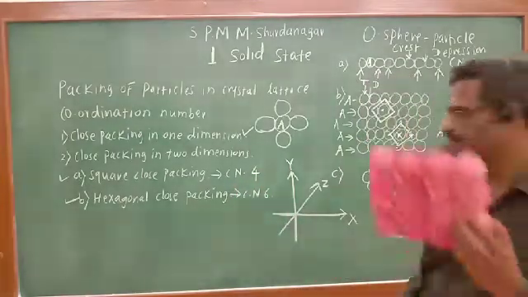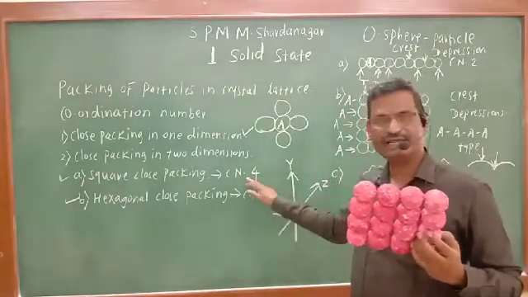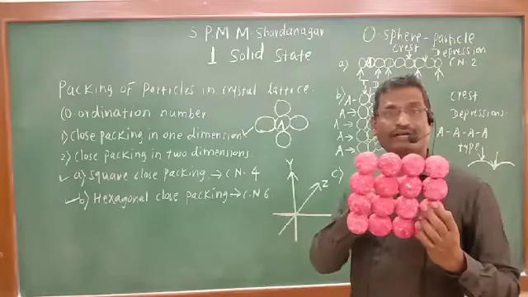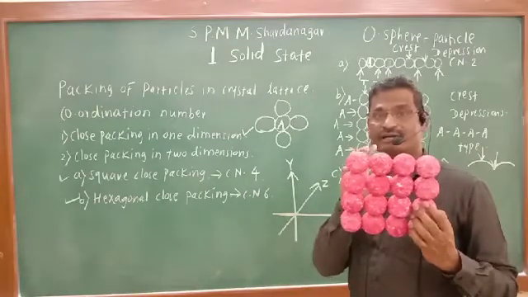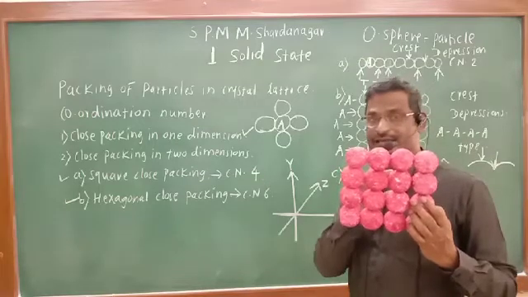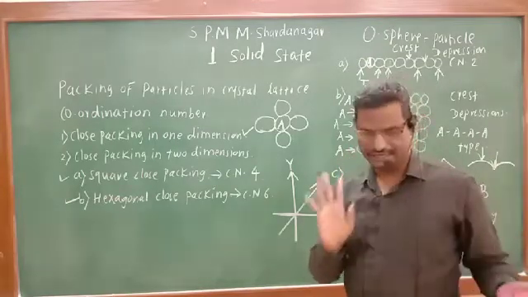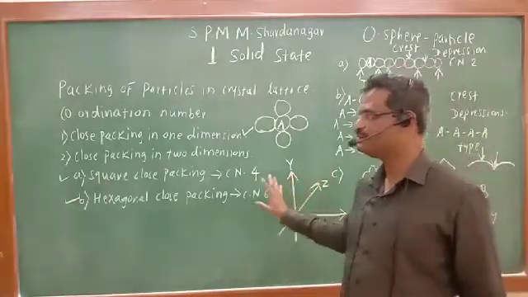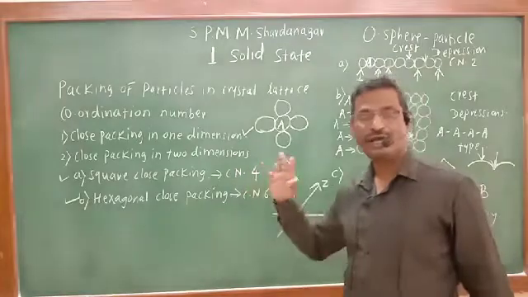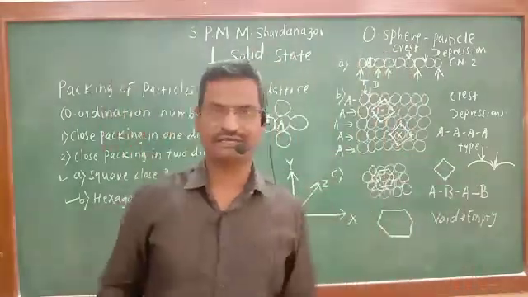Whereas in square close packing, coordination number is less, void space is more, means crowding is less. That is about the two types of two-dimensional arrangements. Now what is the three-dimensional arrangement? That part we will see in the next lecture.